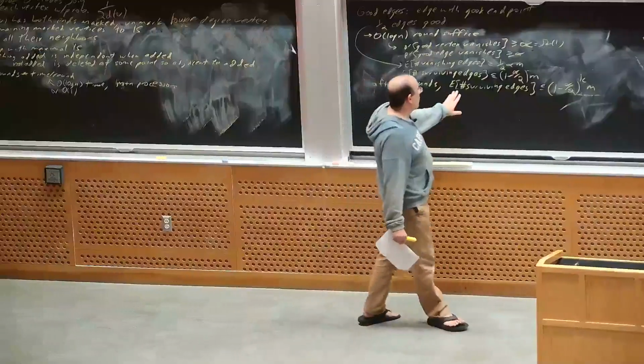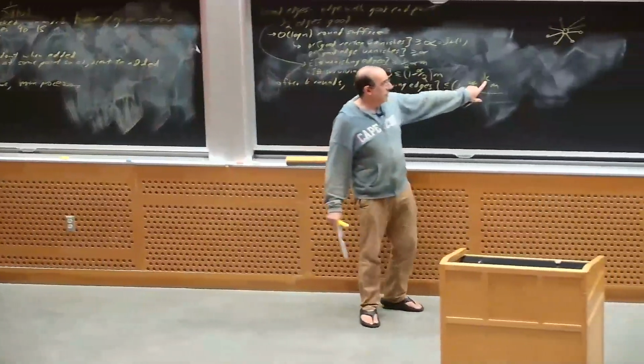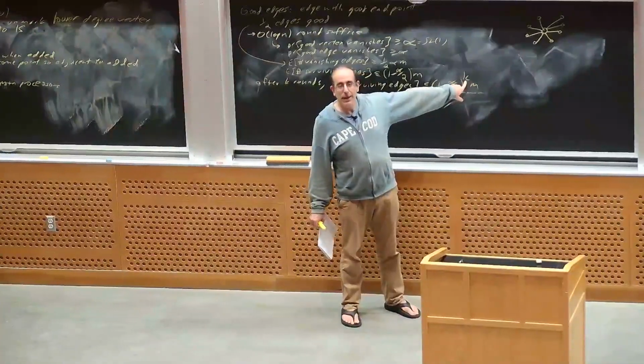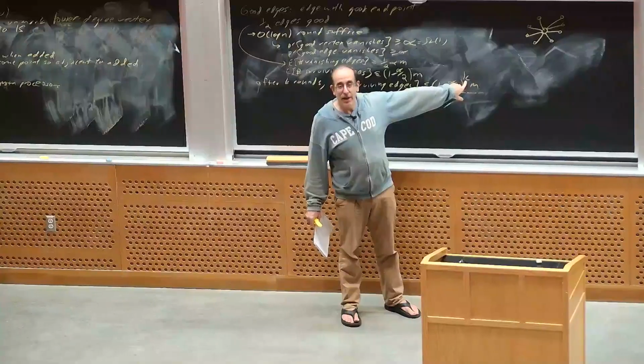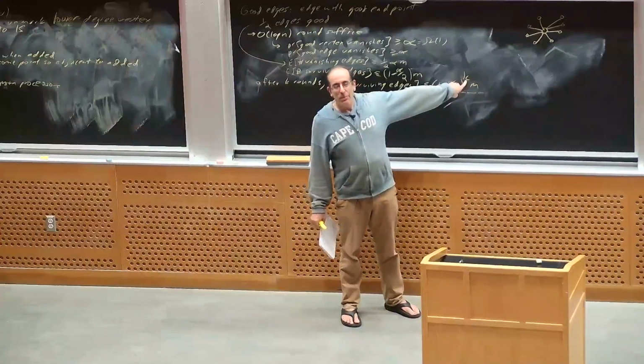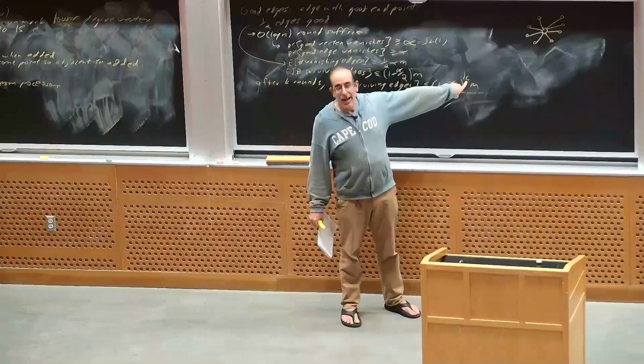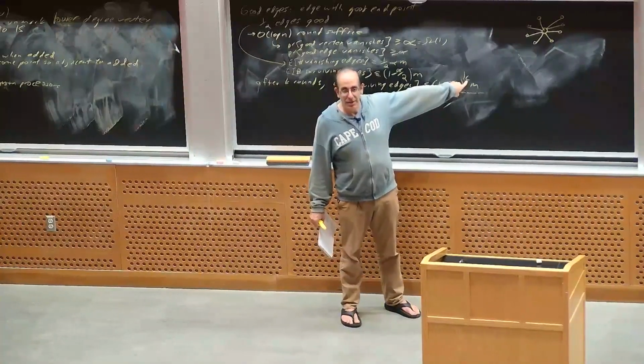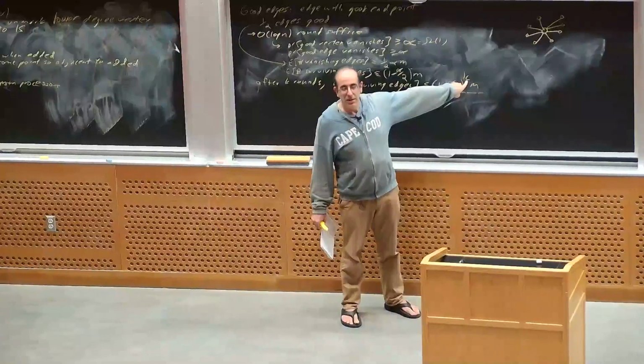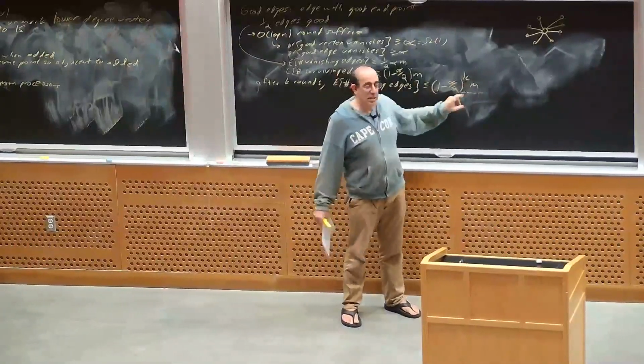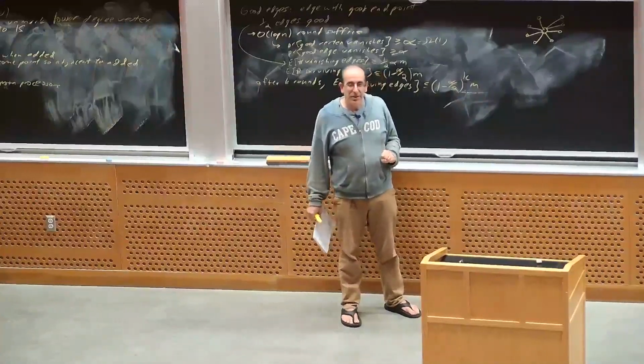What I can do here is run order log m times until the expected number of edges remaining is half an edge. At that point, since there's only half an edge remaining in expectation, there's a 50-50 chance there are no edges left. So I'm done. This already gives me an algorithm that succeeds with probability a half.